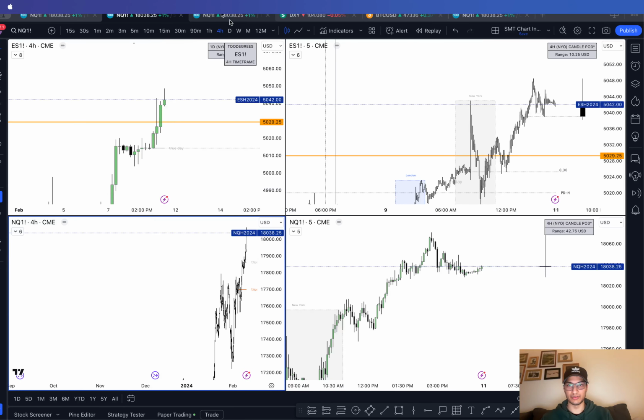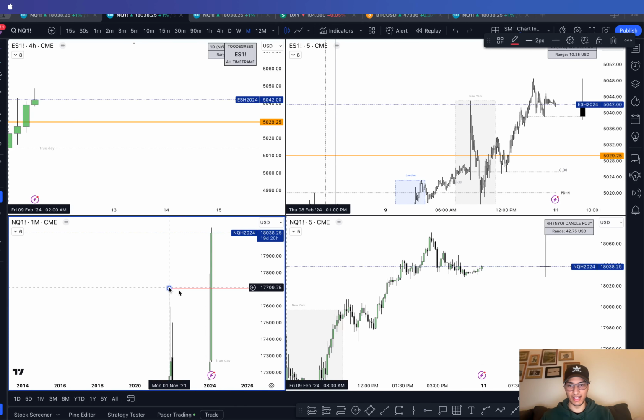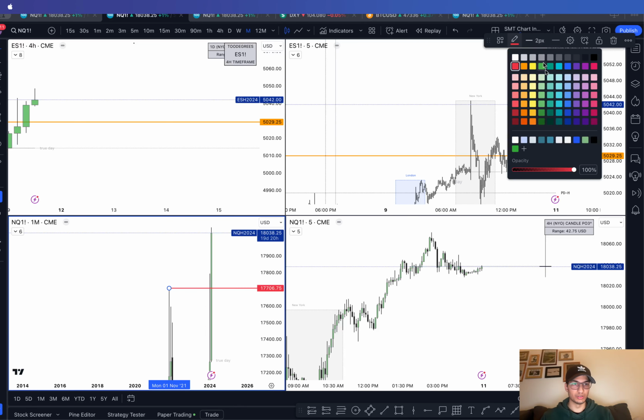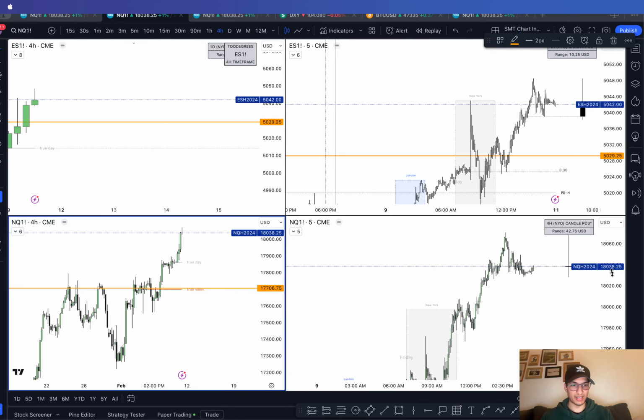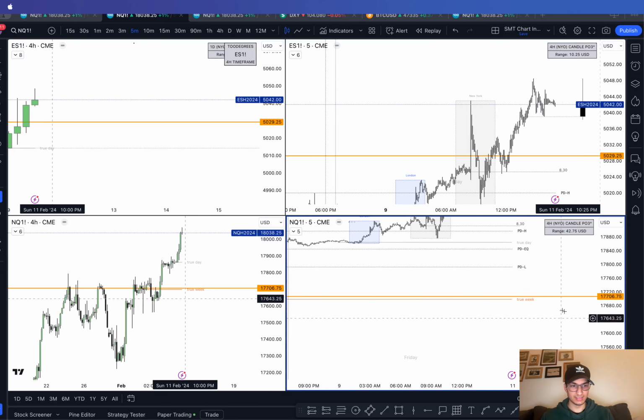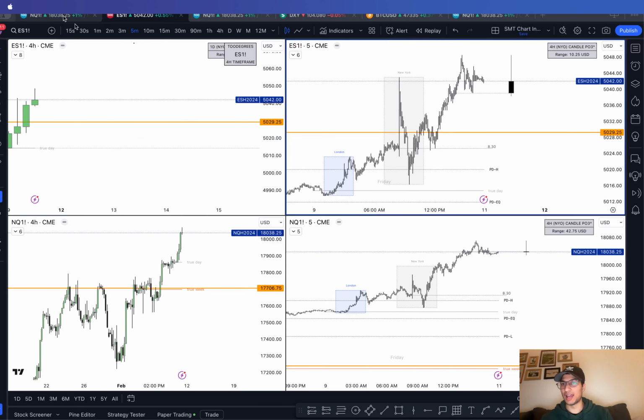If we go to a monthly chart on both, you'll see our all-time highs. We'll put this in gold and sync this into both. So here's our all-time high on NASDAQ, and here is our all-time high on ES. Finally, we have symmetry, and we don't have the SMT.